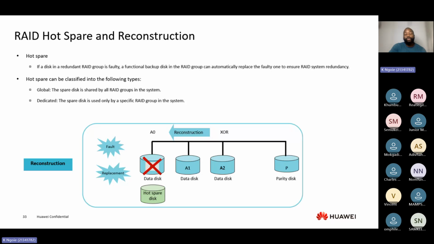If it's a global one, the structure allows that hot spare to be global. It means that hot spare can replace any disk. But if it's dedicated, then it can only replace the disk that it was dedicated to replace.